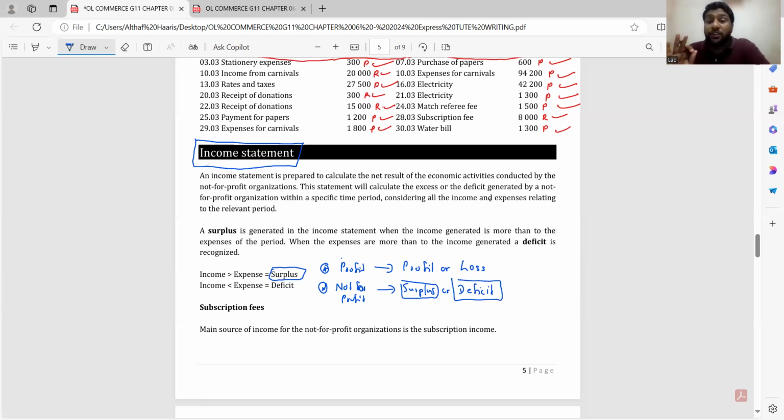So these two words you have to remember. If there are any profits in a not-for-profit organization, we will call it surplus. If there are any losses, we will not call it losses. We'll call it deficit.